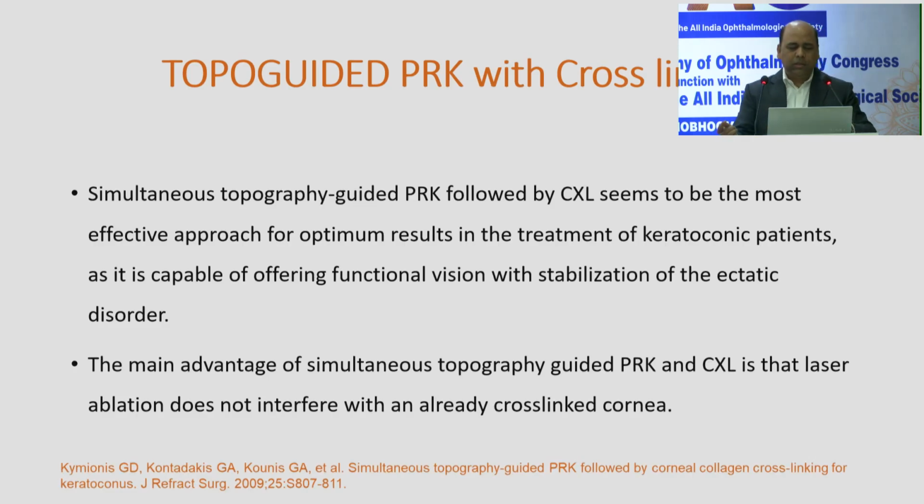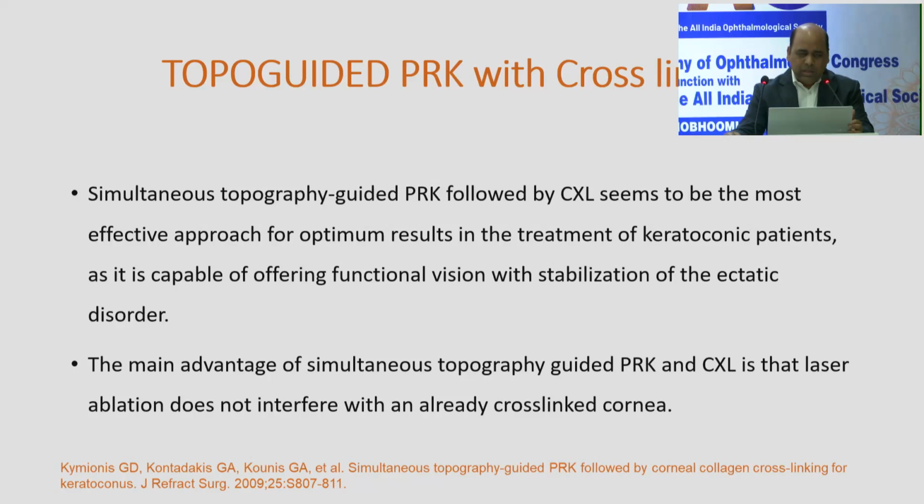Coming to the next treatment option in keratoconus, the topo-guided PRK with cross-linking. As we know, cross-linking is the standard of treatment for preventing the progression of keratoconus. If we have good preoperative thickness, in many cases we can combine it with topo-guided PRK. By this, we are flattening the cornea and removing the aberrations, and as it is topo-guided, the aberrations will be less, and you can reduce some cylindrical error also.